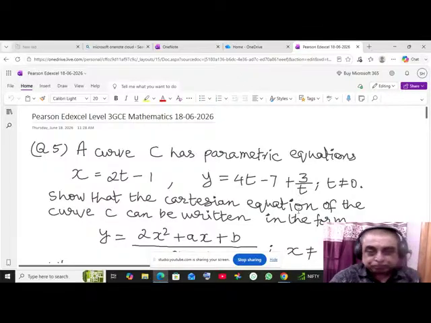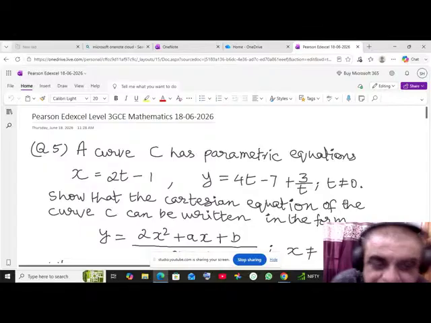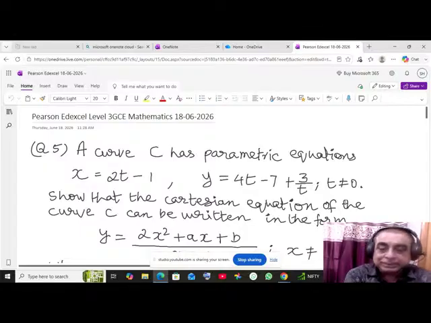Question number 5. Here it says: a curve C has parametric equations x is 2t minus 1 and y is 4t minus 7 plus 3 upon t, t not equal to 0.